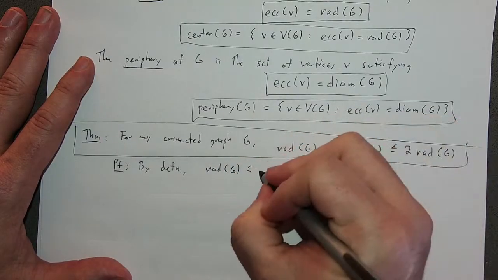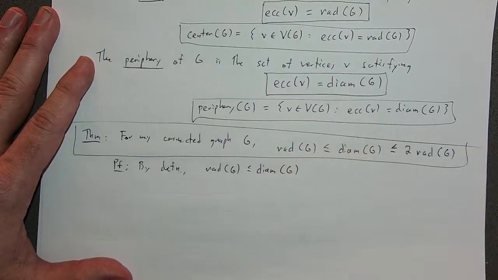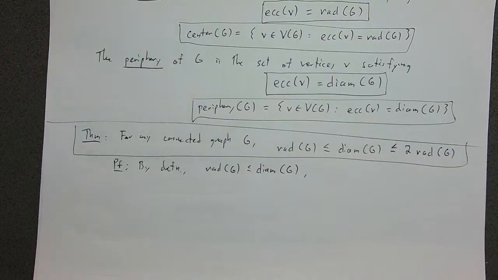But we did have to show that they can be equal. Again, from the fact that they're equal, you see that all those eccentricities have to be equal. But by definition, the radius of the graph is less than or equal to the diameter of the graph. So all I need to prove is the second part.